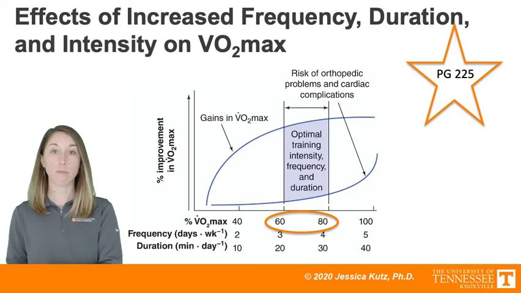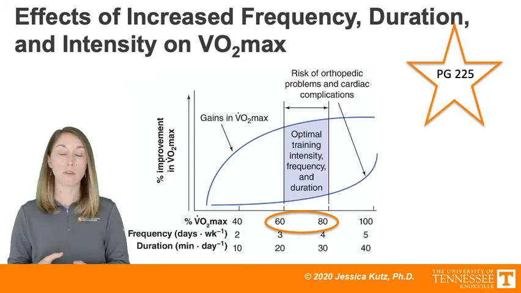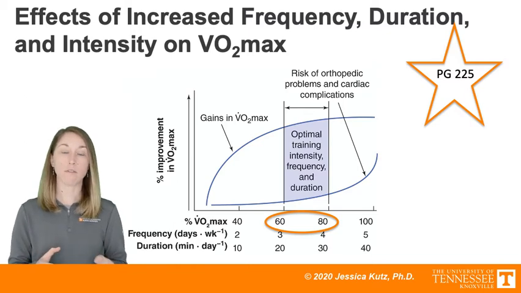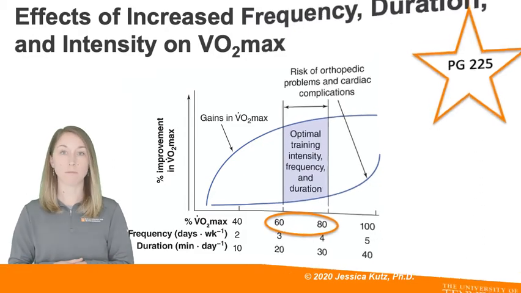Now you can certainly prescribe more than this, but this is kind of our baseline of prescription of what will work for most people. These choices in frequency, intensity, and time are intentional. We're trying to balance the improvements in VO2 max and mitigate any sort of risk of orthopedic injury.